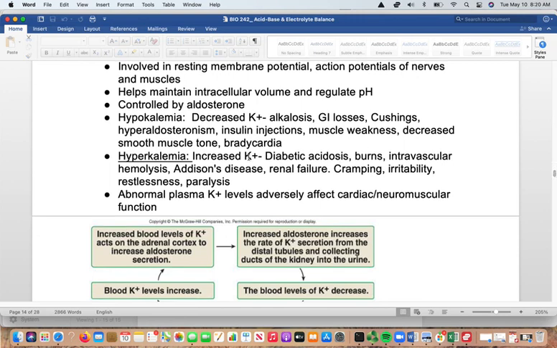So this can go along with diabetic acidosis, burns, intravascular hemolysis, Addison's disease, renal failure, cramping, irritability, restlessness, and paralysis. Abnormal plasma potassium levels can adversely affect the cardiac and neuromuscular function, so they are important to stay in balance.